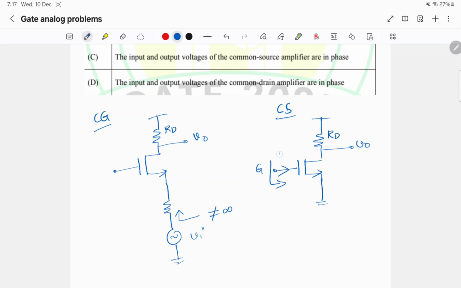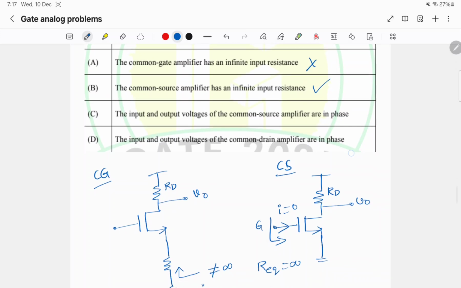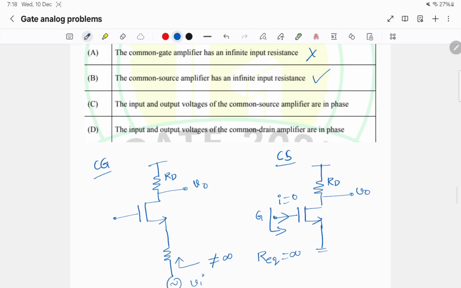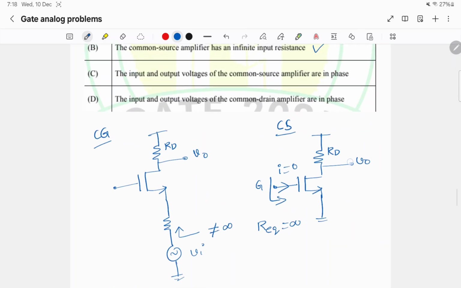Clearly I is 0 here, so R equivalent is infinity. So the second statement is true. The third statement is: the input and output voltages of the common source amplifier are in phase. Clearly this statement is false.